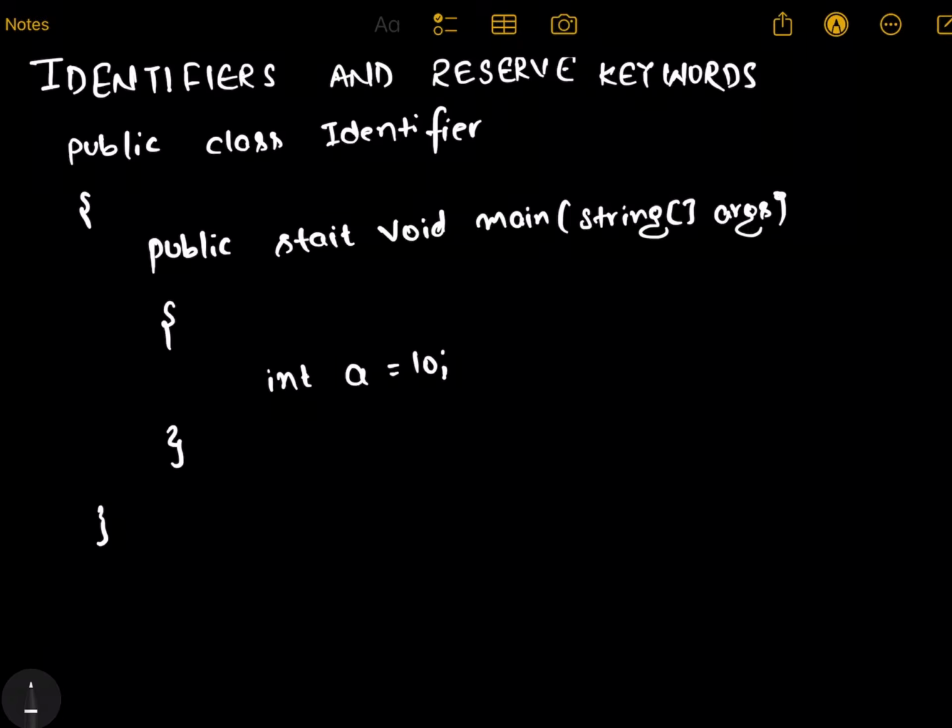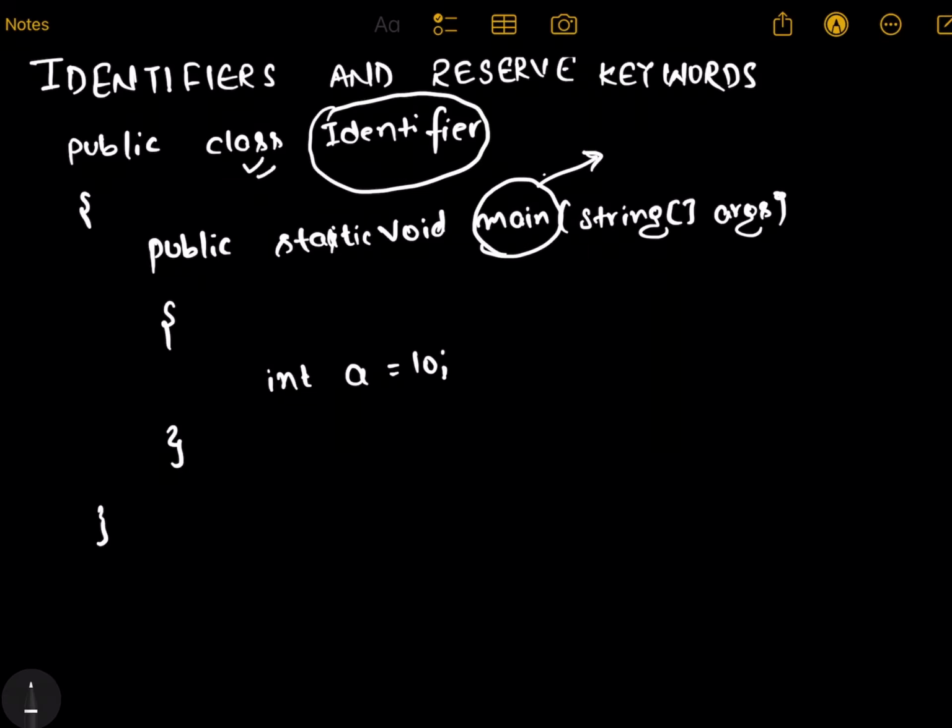So what are identifiers in this? As I said, an identifier is a name that we give to any variable, class, method, interface, or package. Our class is named Identifier, so this is an identifier. Similarly, in public static void main, this is a method with the name main, so this is also an identifier.